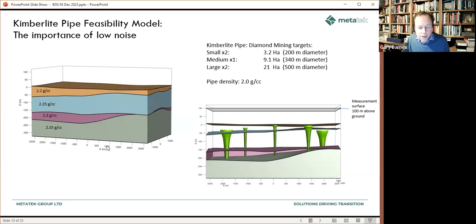So what we see here is a geological model. On the left, we have a few geological layers, and intruded into these layers, on the right, you can see these green kimberlite pipe volcanoes, and these are the targets of interest. So we've got a model here with a few different sizes and a few different depths of these kimberlite pipes.